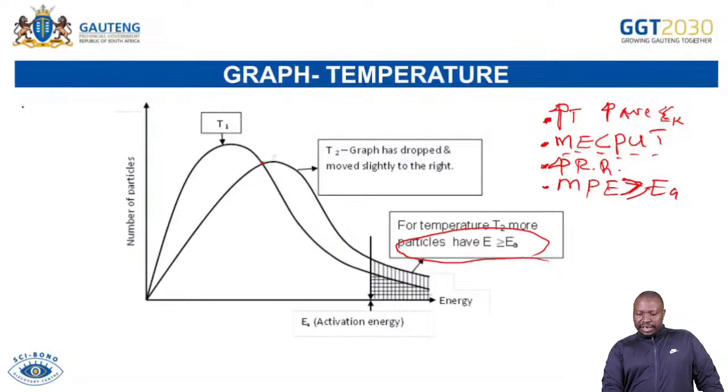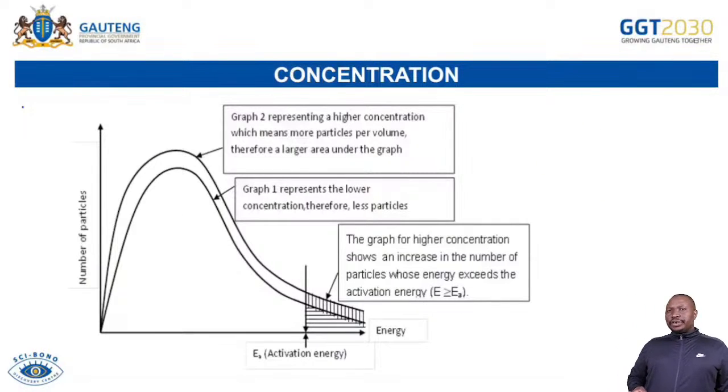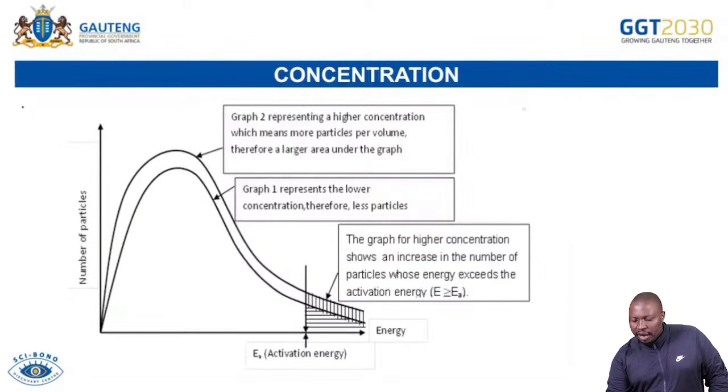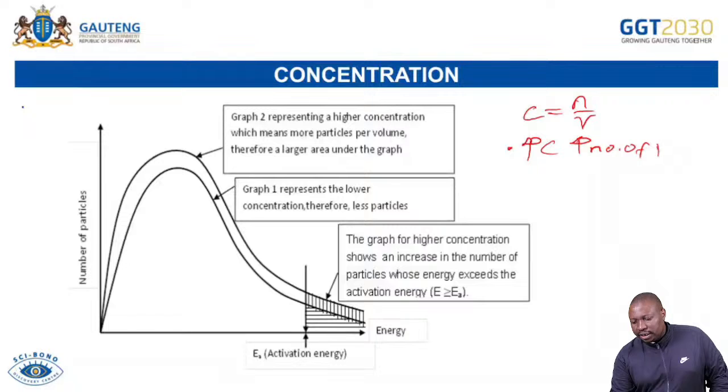So when you increase temperature, how do you see the graph? The graph touches. We move to concentration. How do you see it for concentration? The graph doesn't touch, it's on top of that other graph. So when you increase concentration, remember concentration is N over V, you are increasing the number of particles per unit volume.